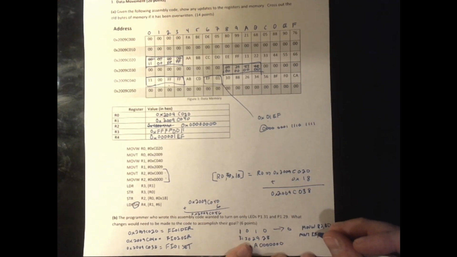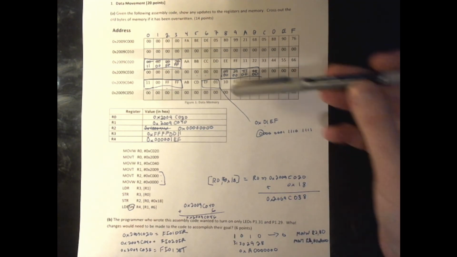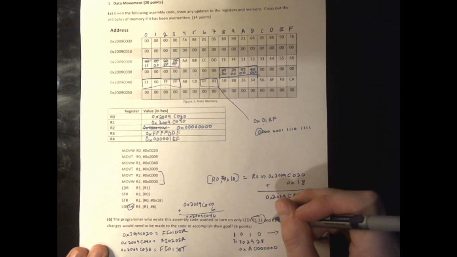I made a mistake there, so that should be a 2. We're putting into R2 the value 0xA0000000, and that'll allow us to change bits 31 and 29 to on, and that's what we wanted the code to do for pins, LEDs 1.31 and 1.29. So that's it for problem number 1.